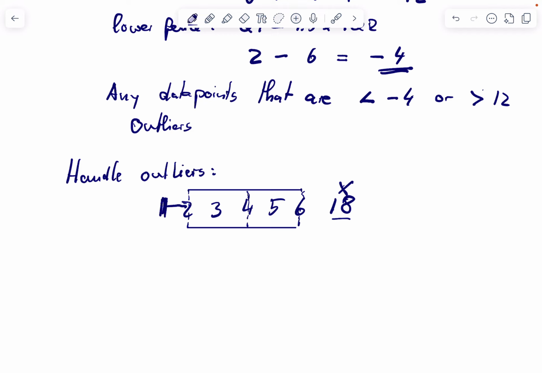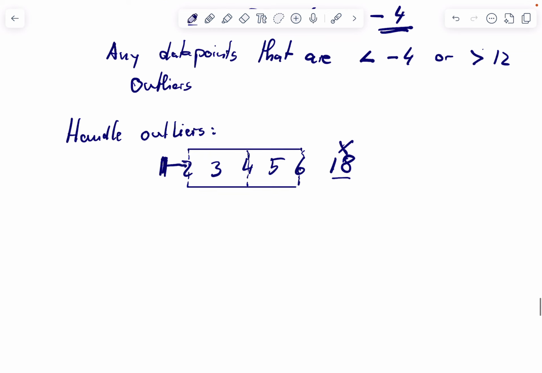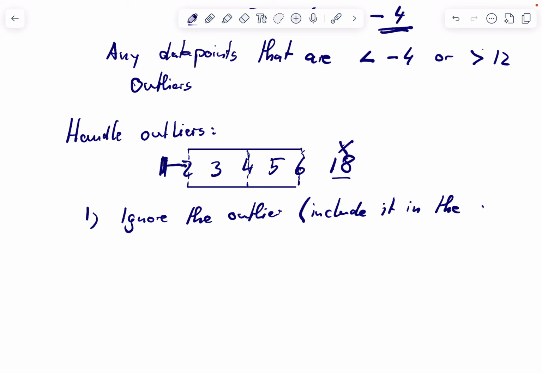So what are we going to do with that? Well, there are different options, as I said. One option would be just to ignore the outlier, and just simply say we include it in calculations or whatever we do with it.